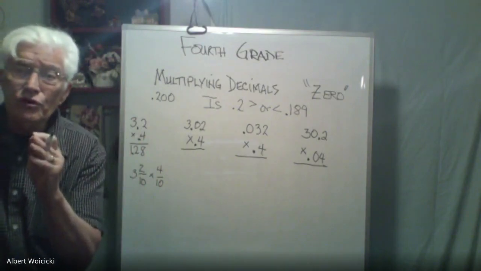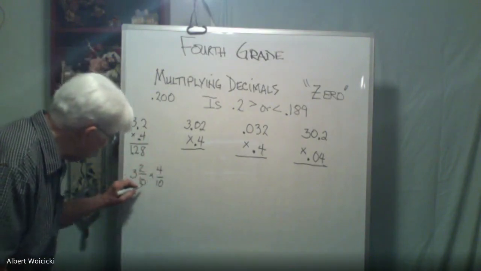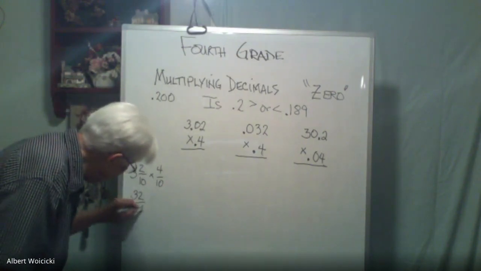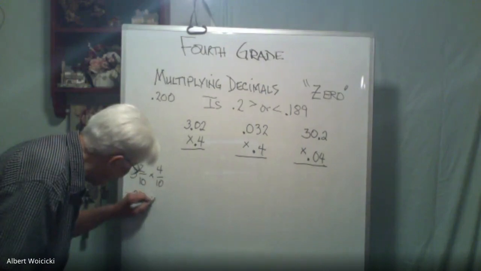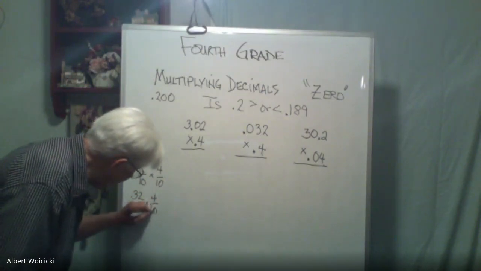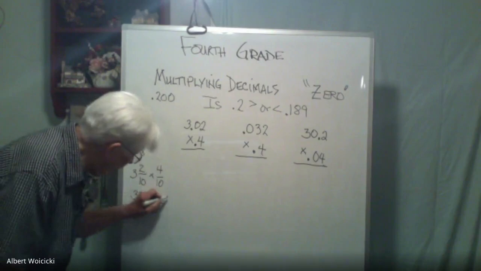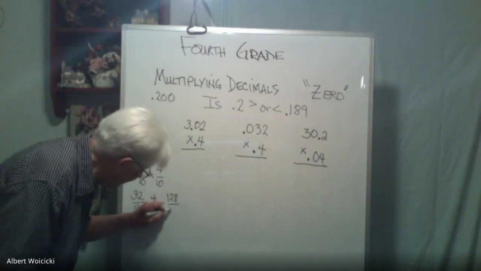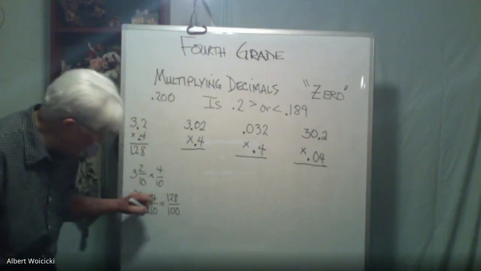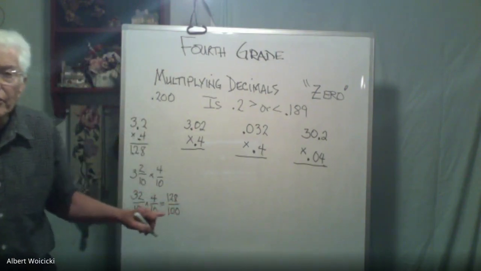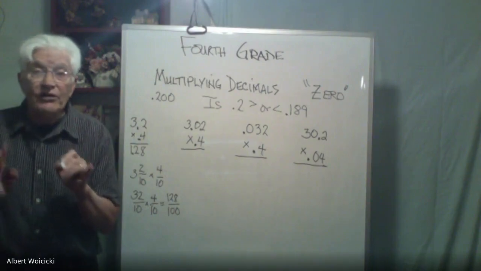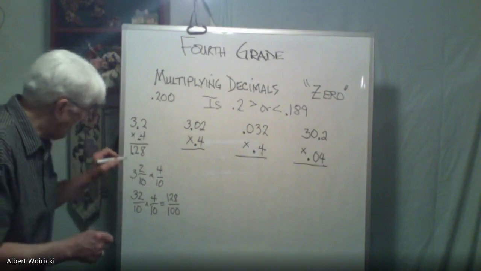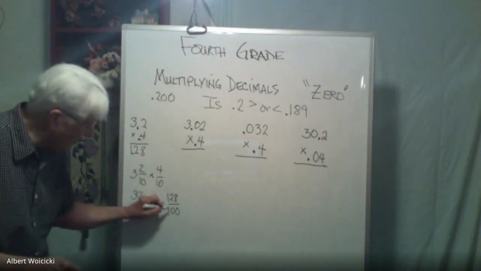Now they know how to multiply fractions. Make them do the problem. They'll change this to 32/10 times 4/10, and that'll give them 128 hundredths. So they see that the answer has to be in hundredths.